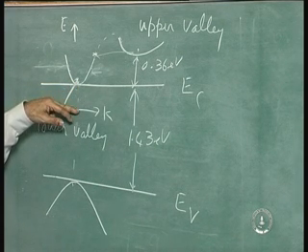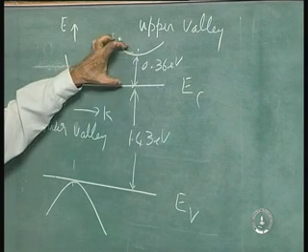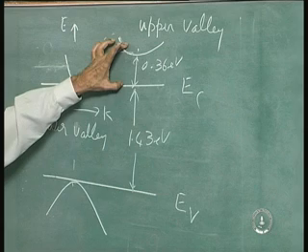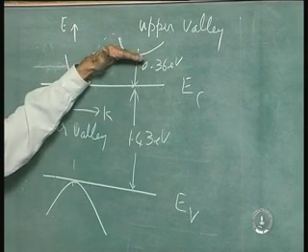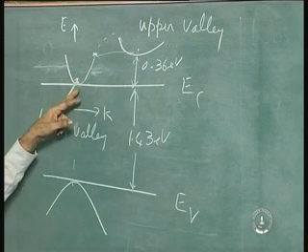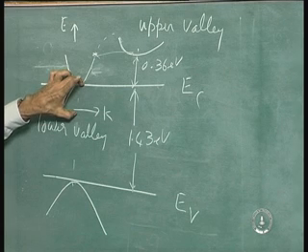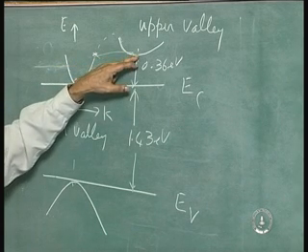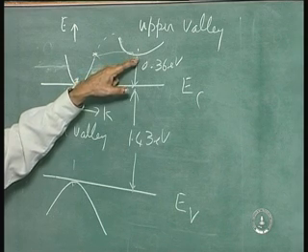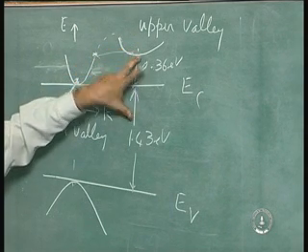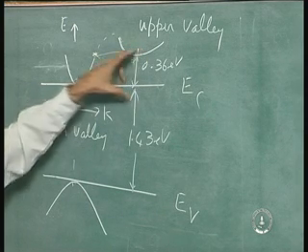I call this Ec1 and this Ec2, and Ec2 minus Ec1 is equal to delta E, the difference between the two conduction band edges. So n1 is Nc1 e to the power of (Ec1 minus Ef), and n2 depends upon Nc2 e to the power of (Ec2 minus Ef). Apparently it is smaller because Ec2 minus Ef is larger compared to that.